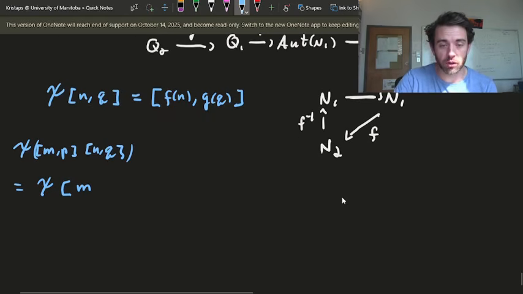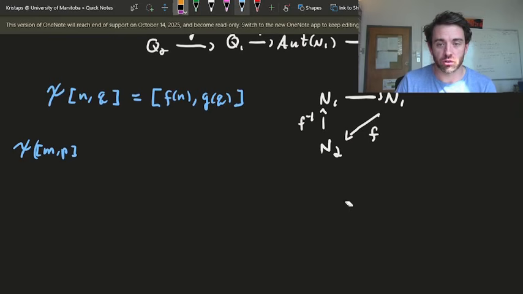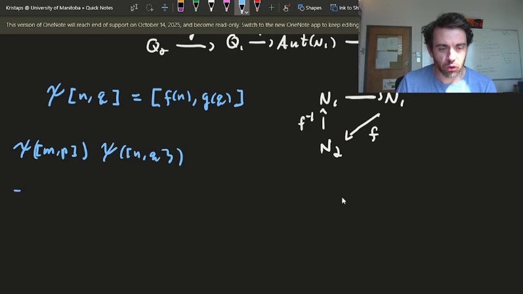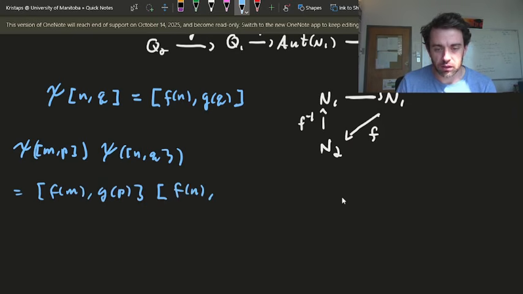I wanted to start on the other end of this. It'll be psi of mp times psi of nq. So this is f of m, g of p, times f of n, g of q.